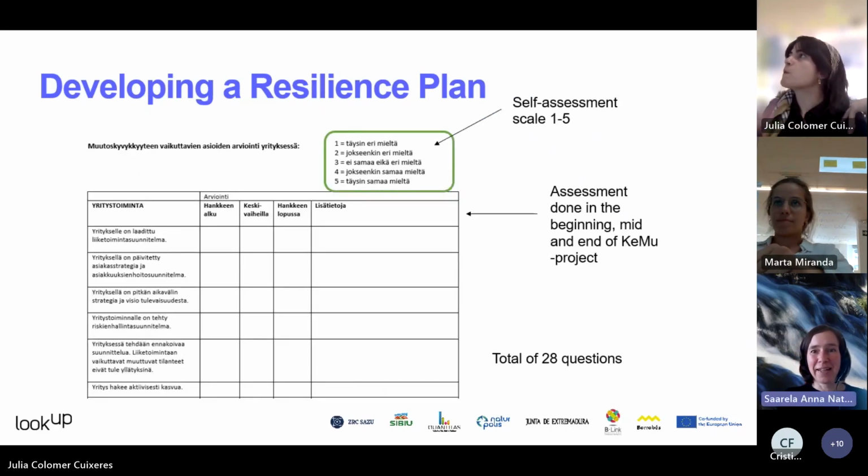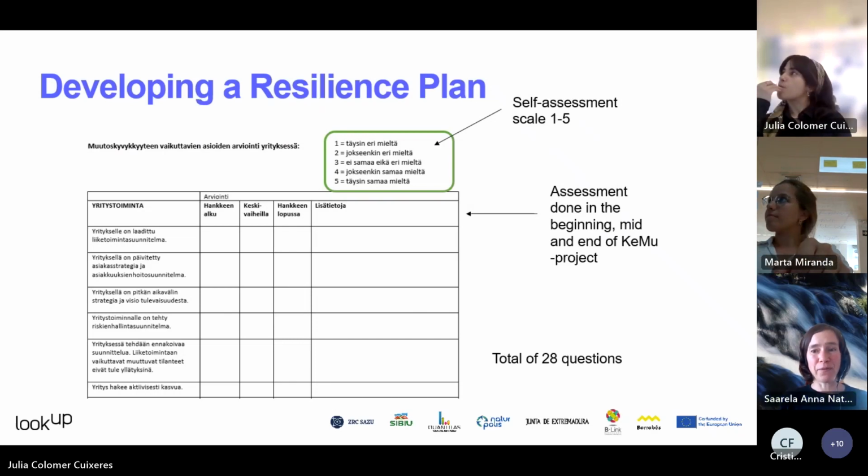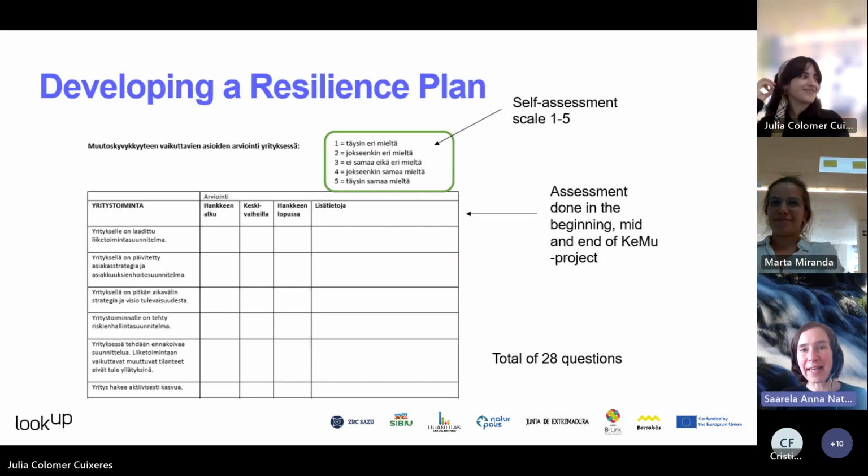Okay. This is just a part of the form for you to see how it looks. It's all written in Finnish, so I'm sorry, I didn't translate it into English, but this part is just to show how it looks. There's an assessment scale that you assess in the beginning, in the middle, and in the end of the project.